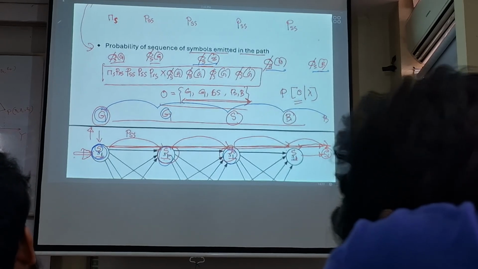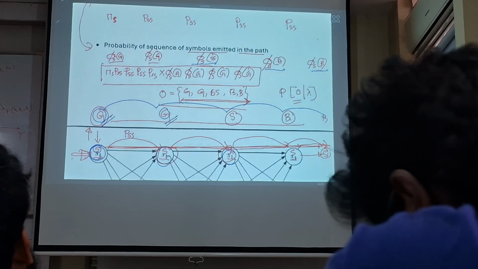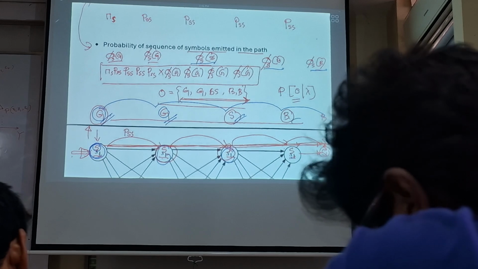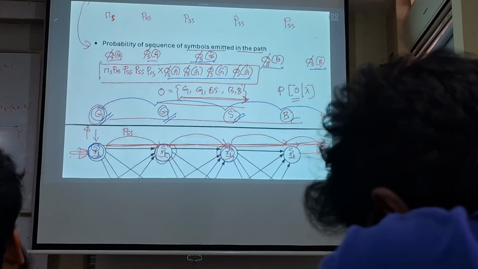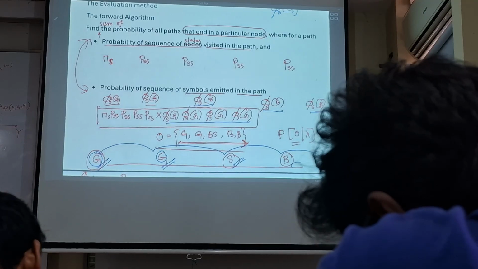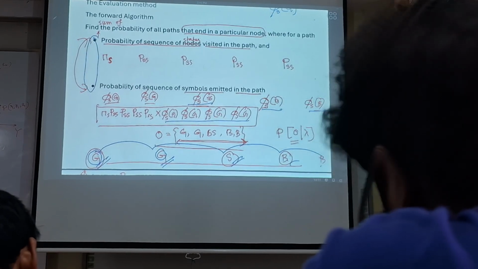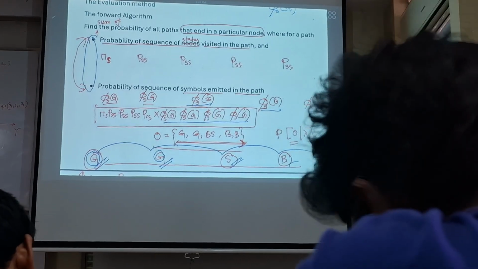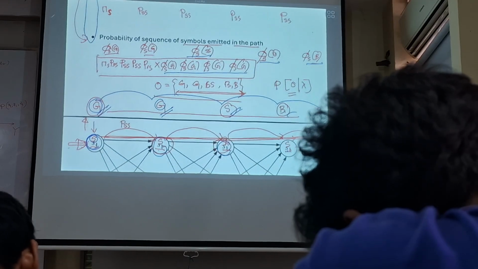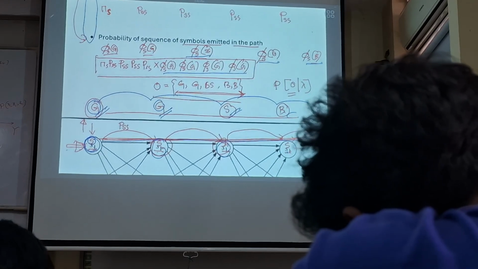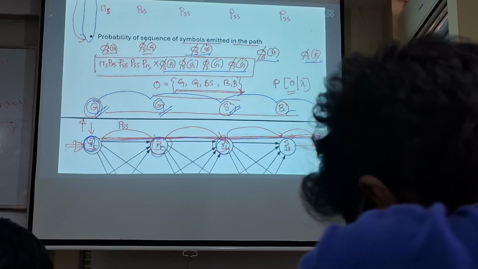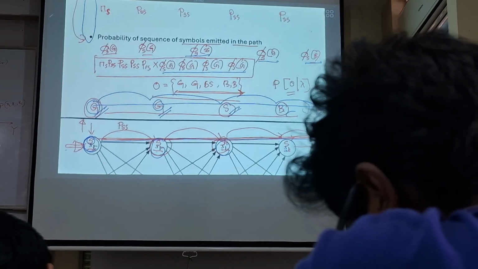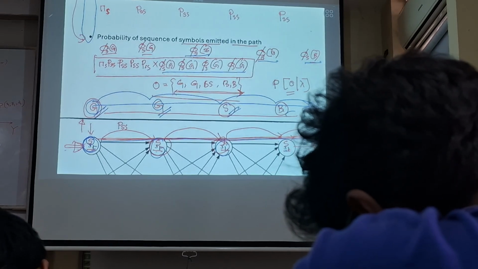It is the probability of this one times the probability of this one times this one, and this one. That's what actually is here. Right? Now, when we combine these two, what does it mean? It means that the Hidden Markov chain is traveling in this path, and when it is traveling in this path, it is emitting this sequence of symbols. Then it will be the product of these two.